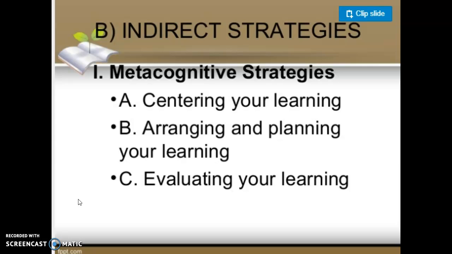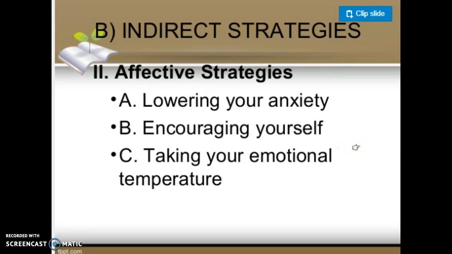Okay, now for indirect strategies. First, metacognitive strategies. They can be divided into some activities like centering your learning, arranging and planning your learning, and evaluating your learning. The second aspect, affective strategies, are lowering your anxiety, encouraging yourself, and taking your emotional temperature.